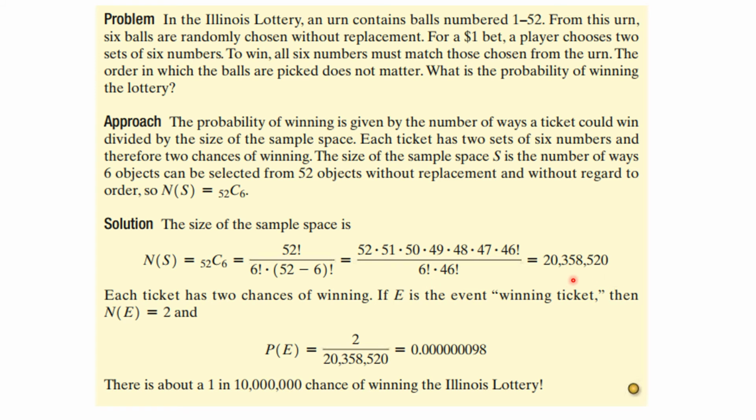You get a little bit more than 20 million possibilities. Now each ticket has 2 chances of winning, and so if E is the event of having a winning ticket, then it's 2 out of that. If you do this arithmetic, it's around 1 out of 10 million possibilities of winning the Illinois lottery by buying one quick pick ticket.